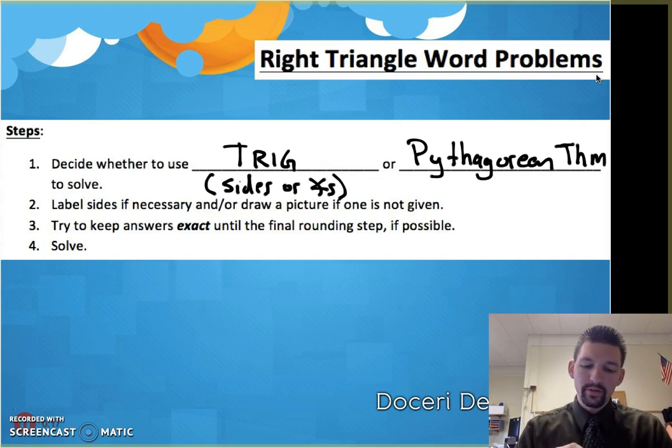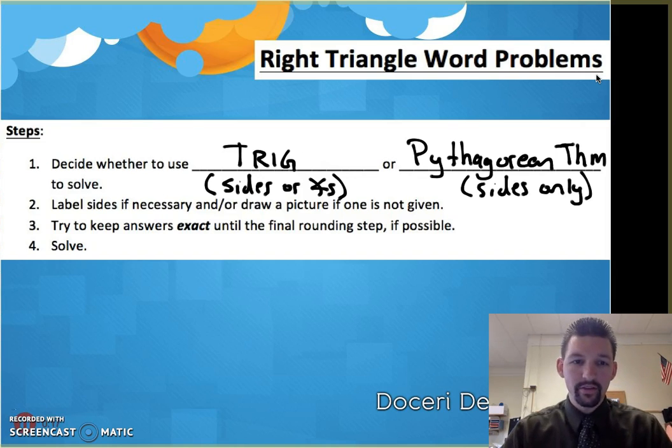If you're only dealing with sides, then you're going to use the Pythagorean theorem. So once you decide what you're going to use, you want to label the sides and draw a picture if it's not given, and then keep your answers exact until the final step if possible to avoid any rounding mistakes. And then you're going to finish solving, obviously.